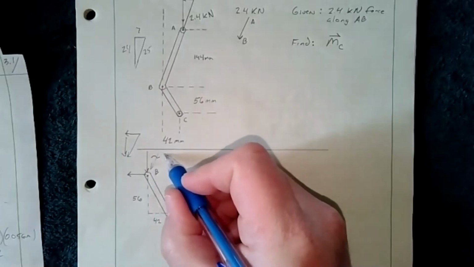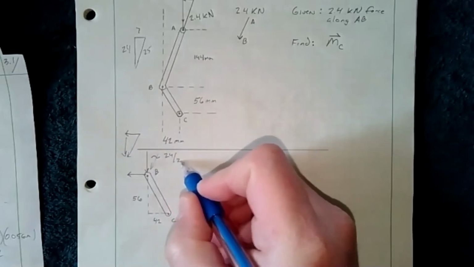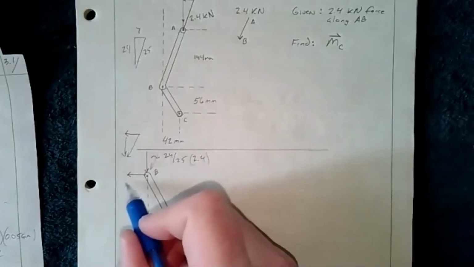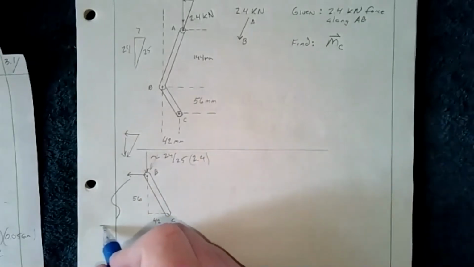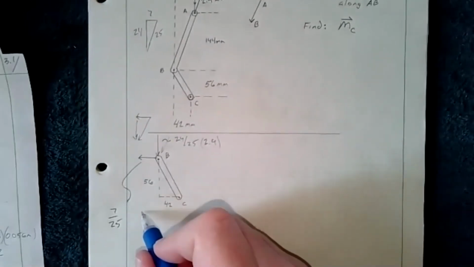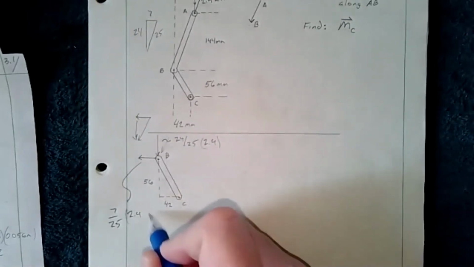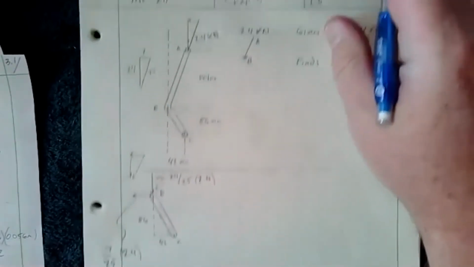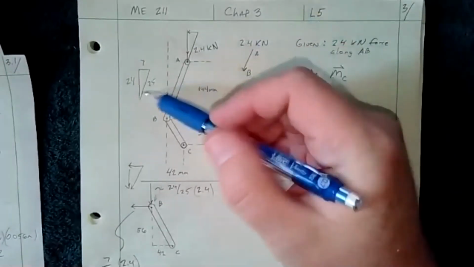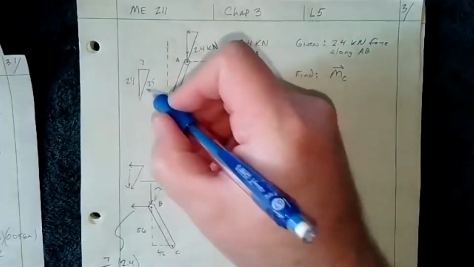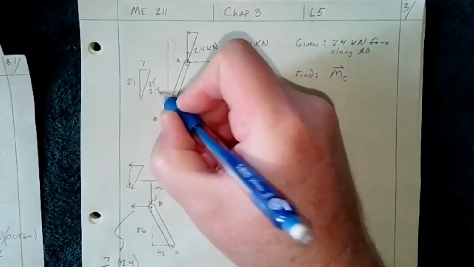If we have the 2.4, this part of the force coming down, by the ratio of the triangle, is going to be 24/25 of 2.4. This part here is going to be 7/25 of 2.4. All I've done is take this 2.4 and break it up into its respective pieces. So the hypotenuse is 2.4.